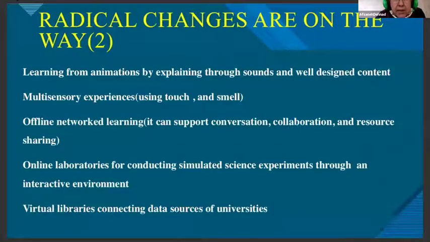They should work on multidisciplinary experiences, that is using touch and smell for online lab. They should also try offline network learning in some areas in which there is no access to internet. They should offer online lab courses for conducting simulated science experiments through an interactive environment. And there should be also virtual libraries connecting data sources together from different universities.